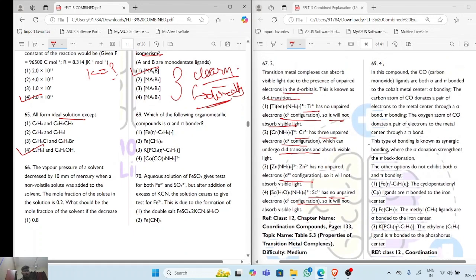Now comes to question number 69. Which of the following organometallic compounds is sigma and pi bonded? Okay, so we have these four compounds given. In the compound, the CO, which is the carbon monoxide ligand, is both sigma and pi bonded to the cobalt metal center.